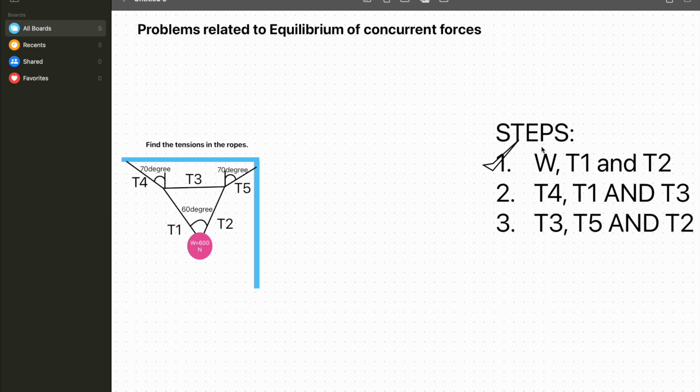These are the 3 steps by following which we will be solving this problem. The first step is to think about the W, T1 and T2 separately. So let us draw a free body diagram.